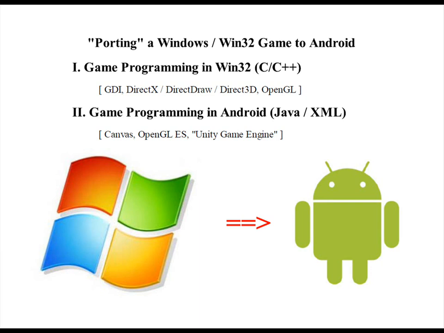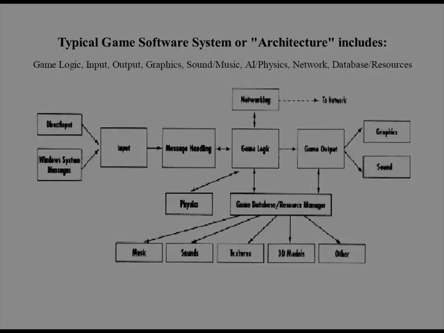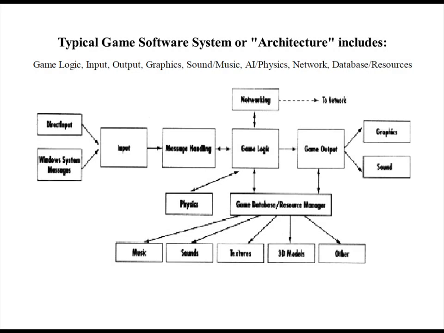So that's the two parts of the talk: game programming in Win32, and game programming in Android. Next. Okay, so what is a game? What is a game in terms of software? It's really a system or an architecture that includes many parts.